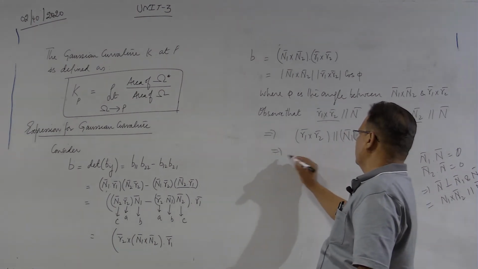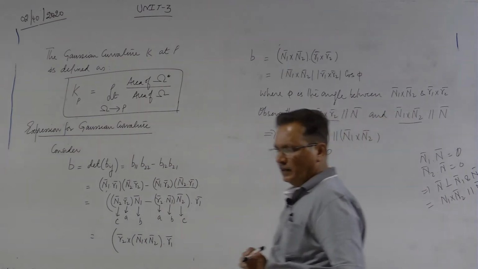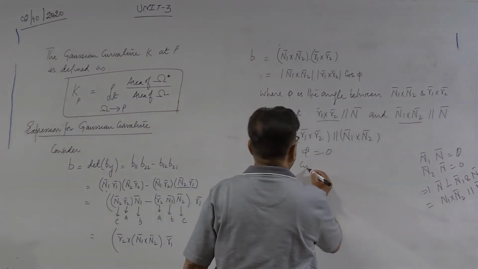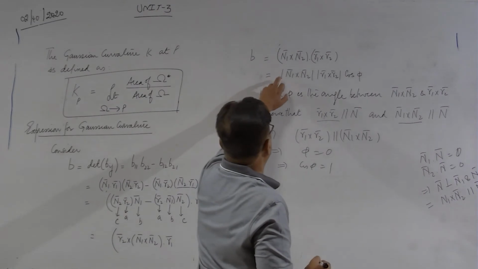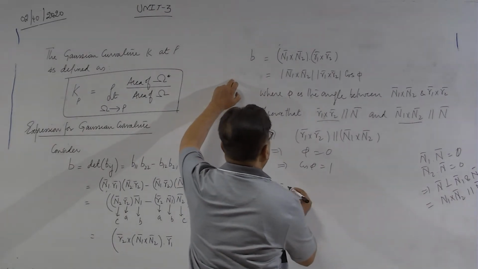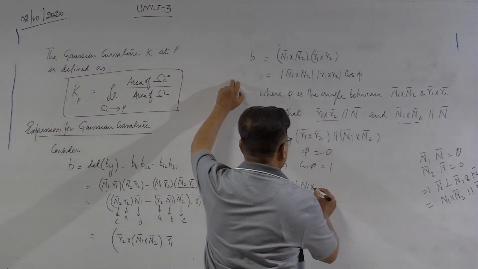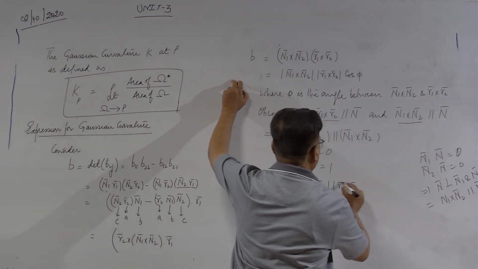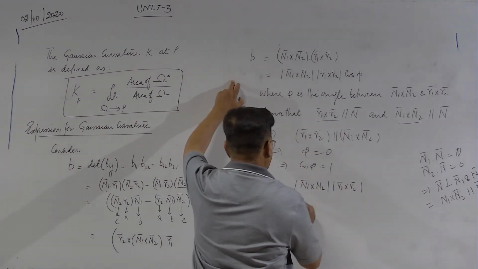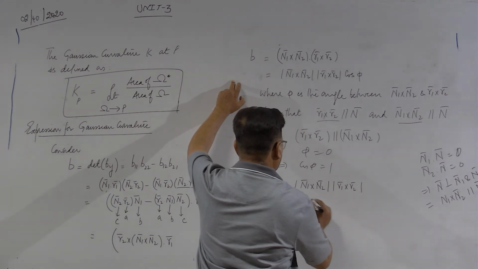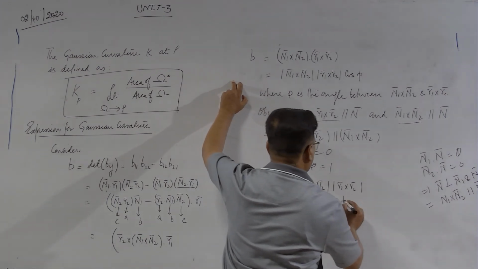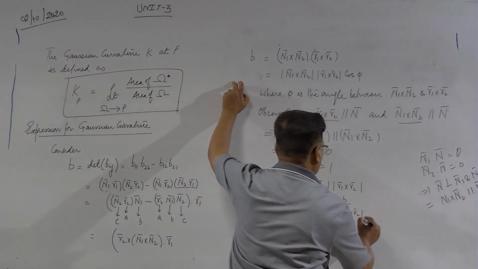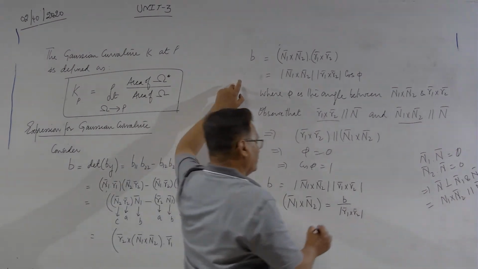and this means the angle phi is 0, and this means cos phi is 1, and therefore, from here I can write down B equal to simply modulus of N1 cross N2 into modulus of R1 cross R2, and this will give me that modulus of N1 cross N2 is equal to B upon modulus of R1 cross R2, and modulus of R1 cross R2 is under root g.